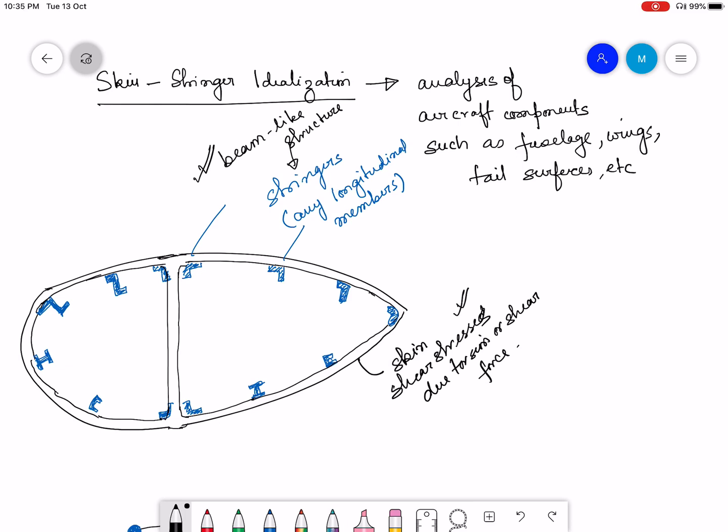If I have thin wall structures like this with multiple cells, we know how to find the shear stress distribution or shear flow that happens due to applied torsion or shear forces. Individually, we know how to analyze the stringers, and we know how to analyze the entire skin cross section because of torsion and shear forces. Now our job is to combine these two and to analyze the entire component.